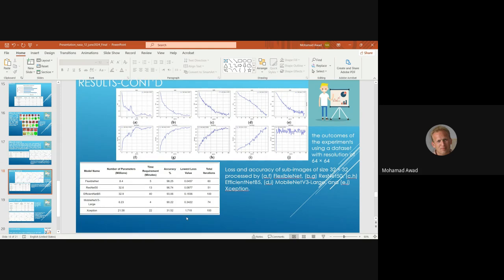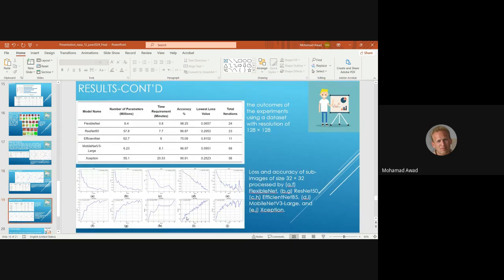The third experiment was conducted on a data set of 128 by 128. And we can see again that FlexibleNet is the highest in accuracy and the lowest in loss value, followed by MobileNet V3 Large.